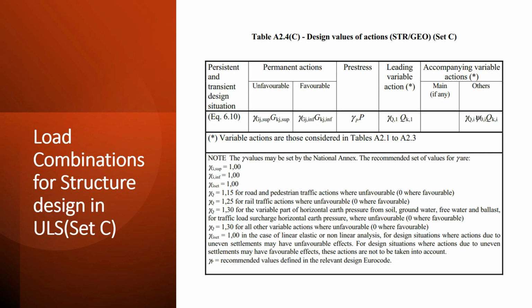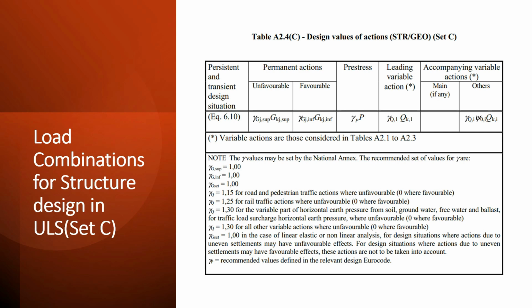Same for set C. Set C we generally use for geotechnical loads only, right? Like retaining wall, earth pressure. So set C here is the structure geo set C. We use only this equation for the geotechnical loads. Here also there are favorable, unfavorable, and maximum, minimum coefficients.